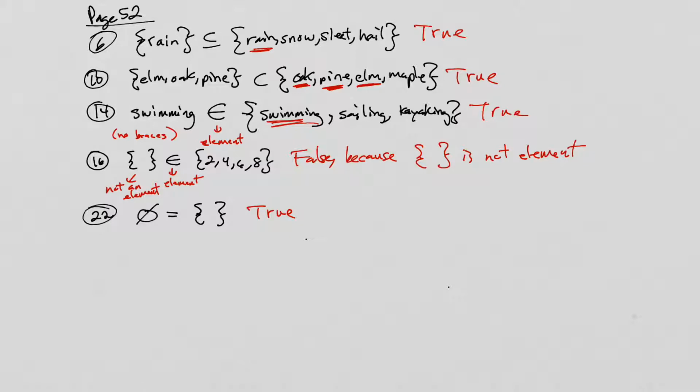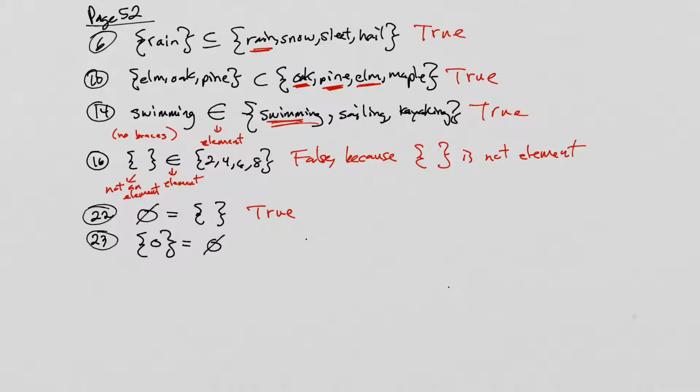How about 23? This one looks kind of weird, a little tricky. It's saying that a set with an element of 0 is equal to the null set. Well, we just determined up here that the null set is a set that's empty.